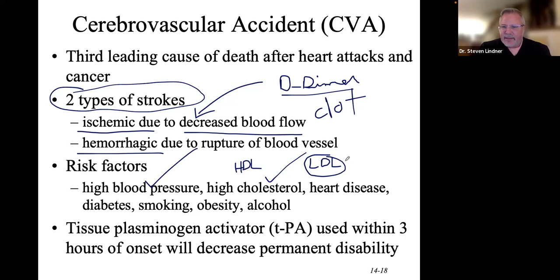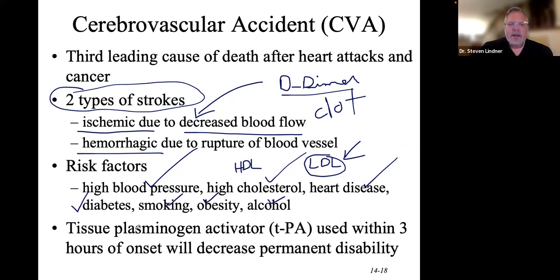But if the LDLs are too high and these become damaged, that's a problem. These are usually the ones that result in atherosclerosis. If there's a history of heart disease, if you have high blood sugar, if you're a smoker, if you're obese, if you use alcohol, these are considered to be risk factors.